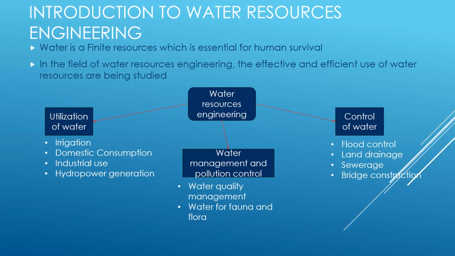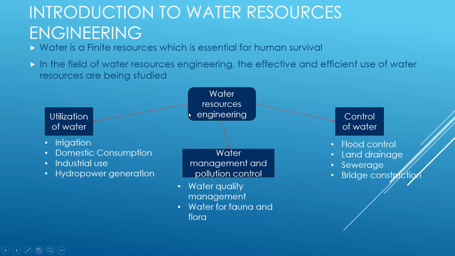In the field of water resources engineering, we always discuss ways and means of managing water efficiently and effectively, right? What is efficiently? Efficiently means reducing wastage. Effectively means we should have certain positive results out of consumption.